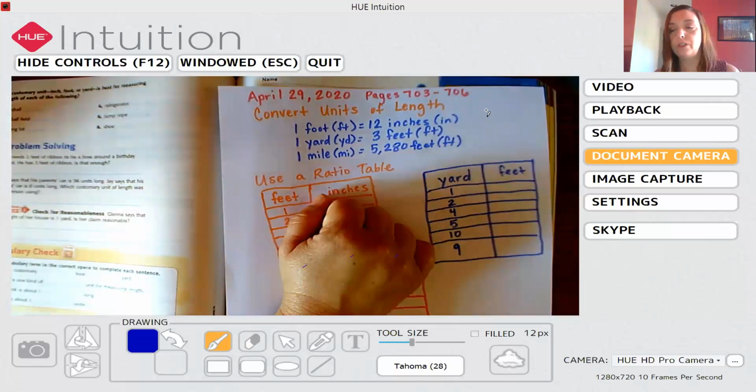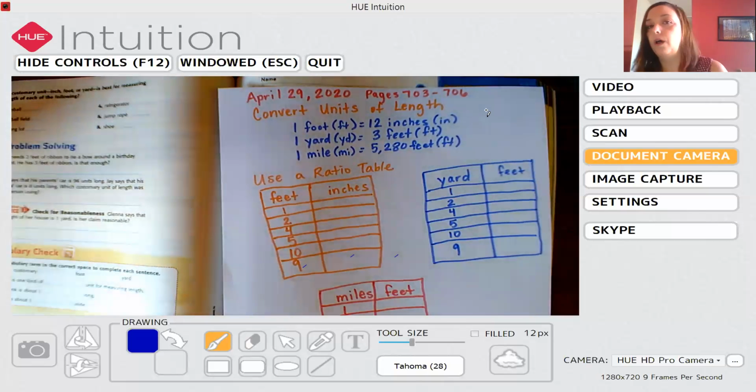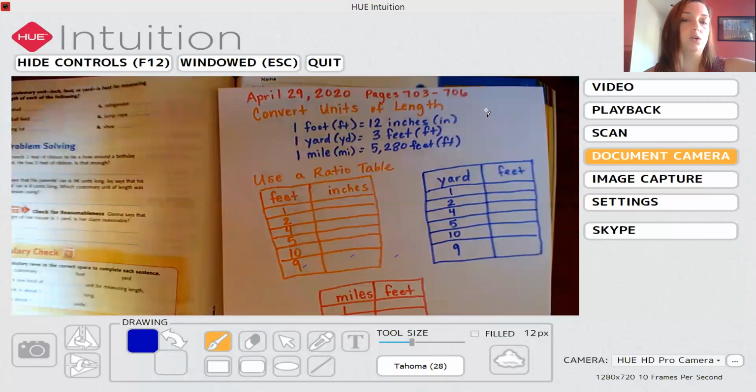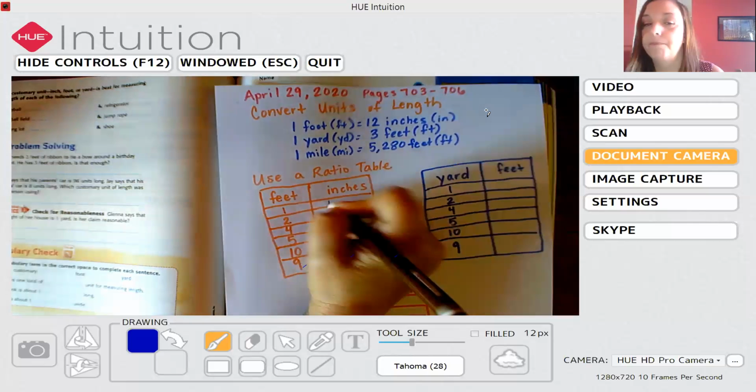So we can use those basic conversions to help us build a ratio table that will help us find more conversions, okay? So for 1 foot, we know that 1 foot is equal to 12 inches, okay?